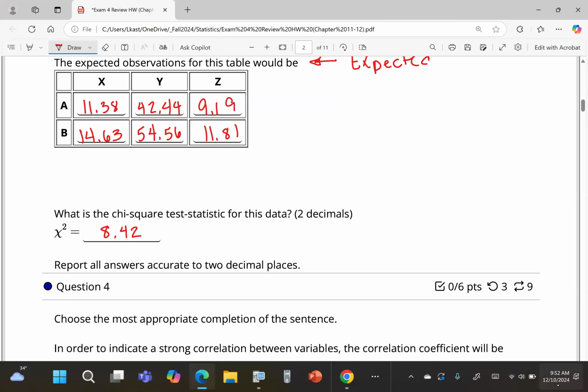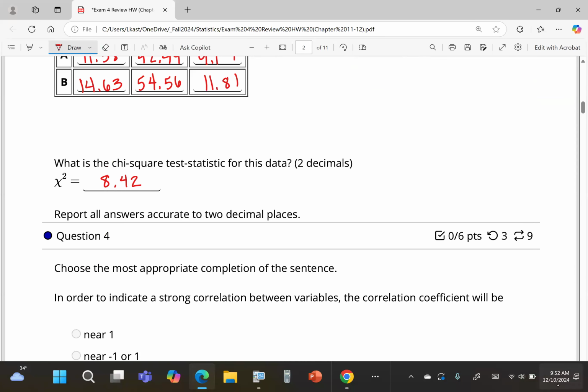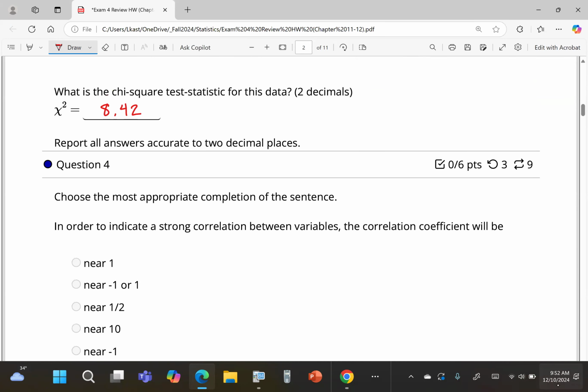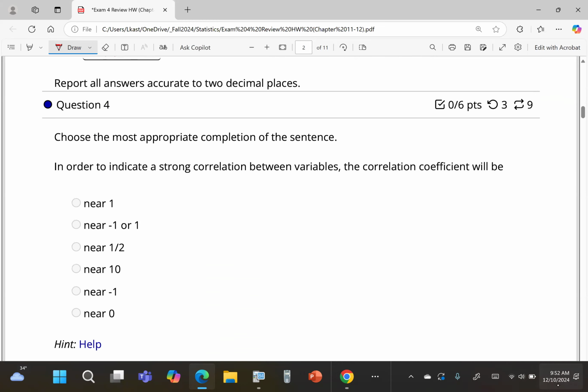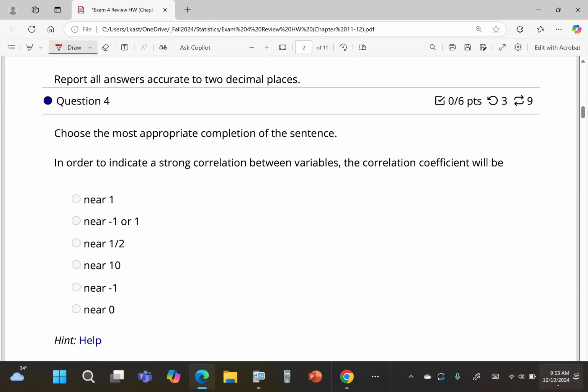All right. Problem 4, I apologize for those that got the one I printed this morning. Choose the most appropriate completion of the sentence. In order to indicate a strong correlation between variables, the correlation coefficient will be near 1. Well, yeah. Near -1 or +1? Yes.